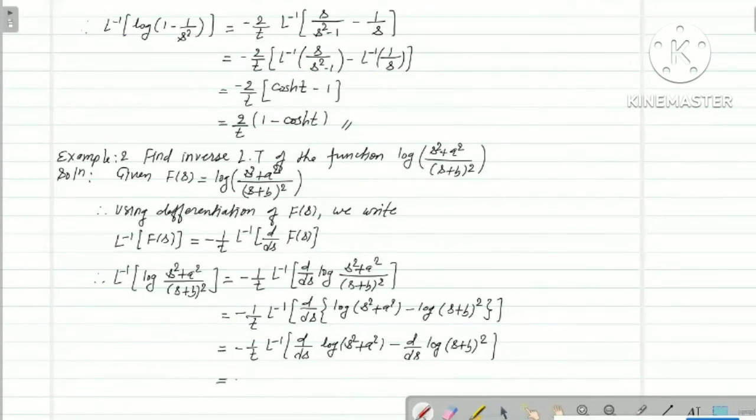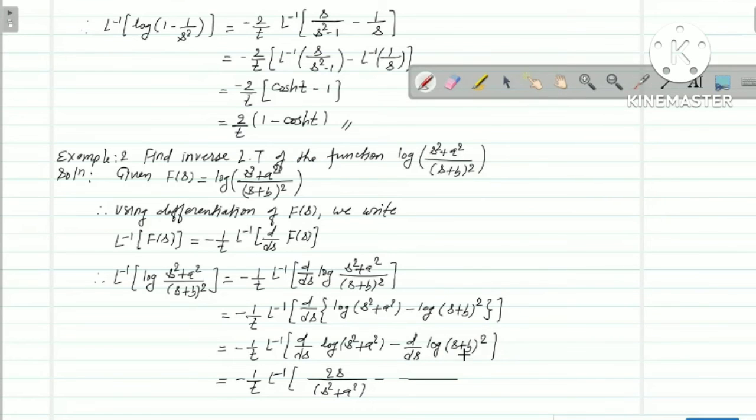Differentiate this, so minus 1 by t L inverse as it is. The derivative of log x is 1 upon x. So first s square plus a square, but this is not log x, this is s square plus a square, so we will take the derivative of this again. So we have 2s, so this is 2s by s square plus a square, okay, minus, and take the derivative of log of s plus b the whole square.